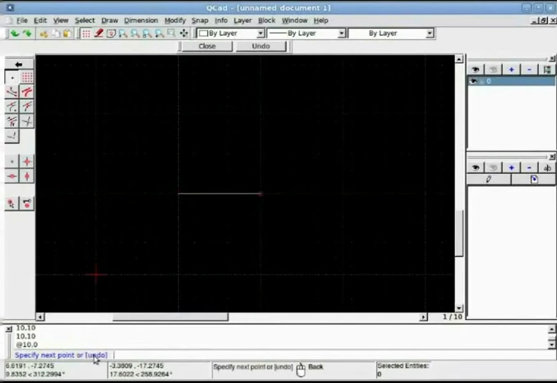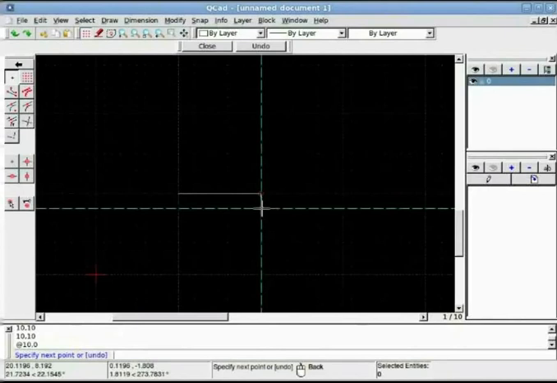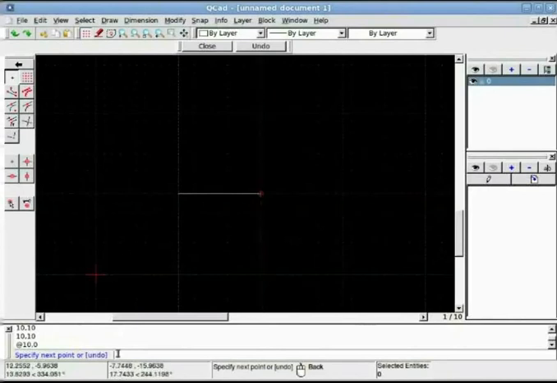Now for the vertical line going in the downward direction, again for relative I use @, then the x value is 0 but y becomes minus 10 because it is going in the opposite direction. That's why the value is negative here.